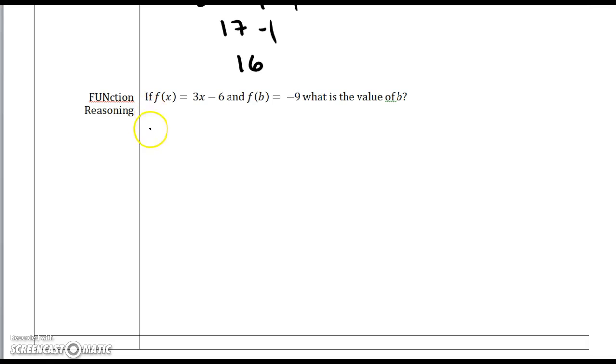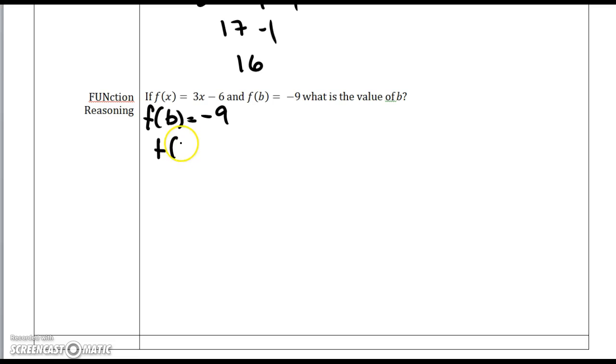So I'm going to write that under f of b equals -9. This is the same function as this. Same, because they have the same name, f. Can't change anything about that. So what's f of b?